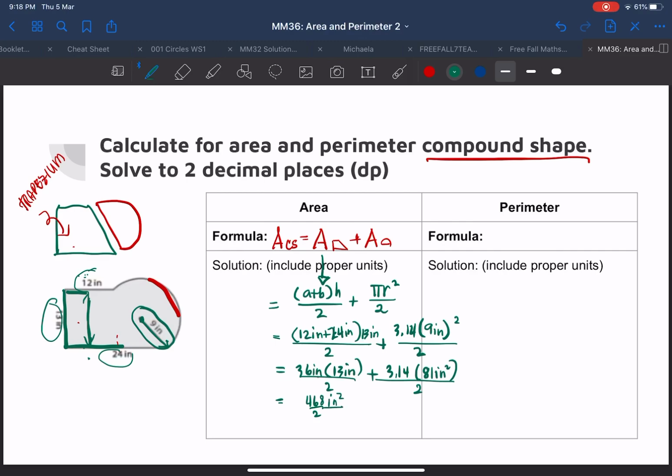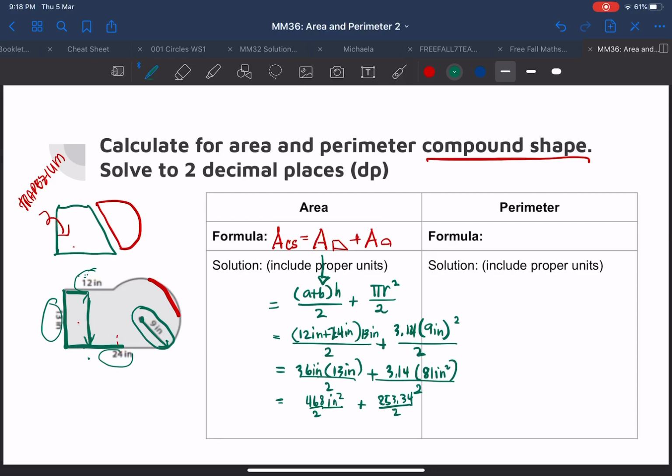Remember the unit, inches squared. Plus 3.14 times 81 gives you 253.34, divided by 2.